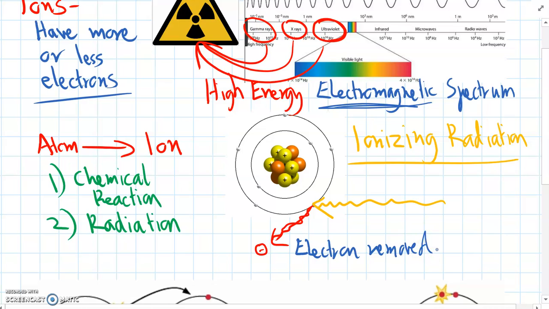Usually radiation removes electrons, but some types of radiation can actually add electrons too.